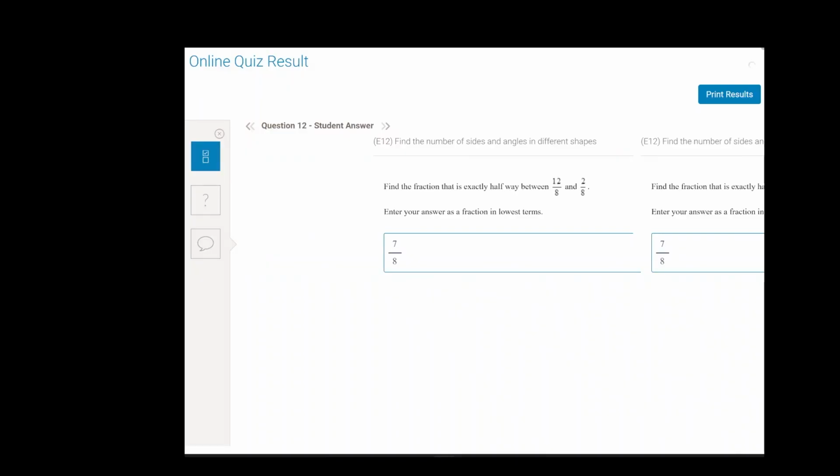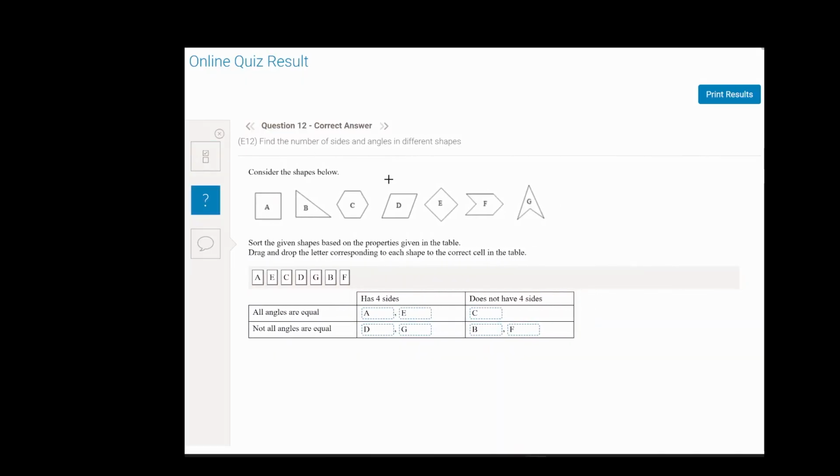Question 12. Angles are equal, has 4 sides. Okay, the ones that are equal and they have 4 sides. A, which is a square.